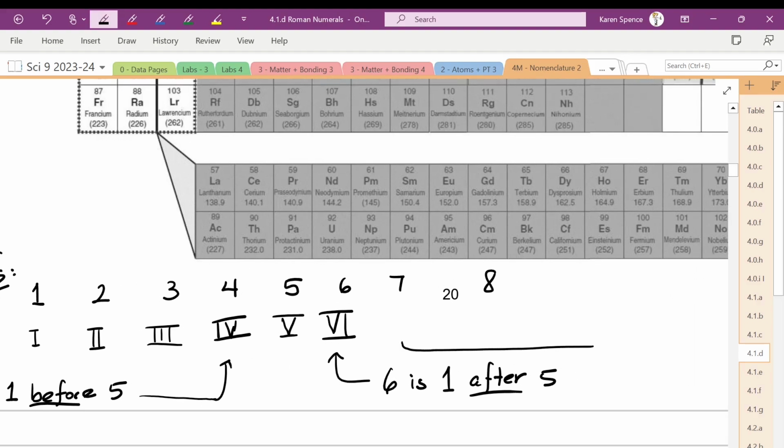And then 7 is 2 after 5. So it would be VII because we have a 2 after the 5. And then 8 would be VIII, 3 after the 5.